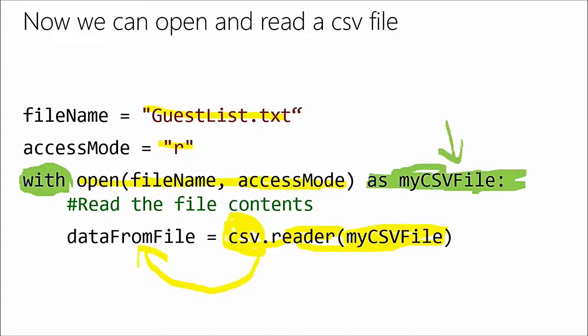You can call it anything you like. This syntax ensures that if there is an error during the processing, the file will always be closed. If an error happens during the open or anywhere in the indented code as you're processing the data, the file will always be closed. And even if there wasn't an error, it would still close it for you.